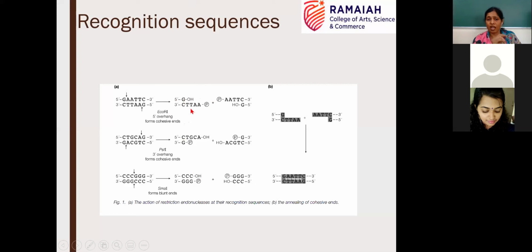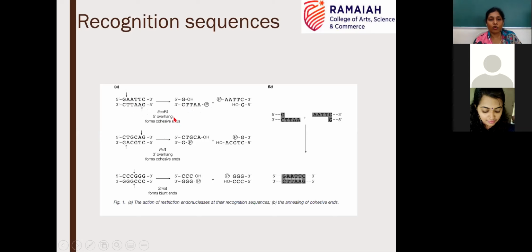and the 3' end will have the free hydroxyl group. For example, EcoR1: the cleavage takes place like this, and it produces the 5' overhang or 5' protruding end, that means a 5' single-stranded protruding end.